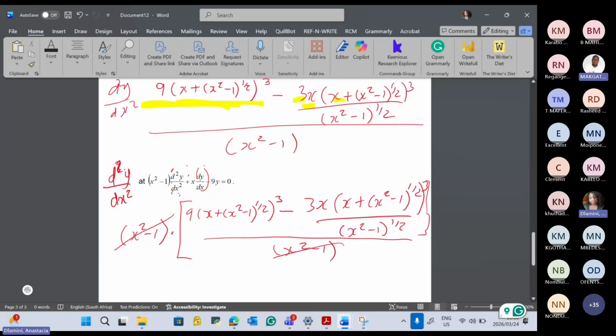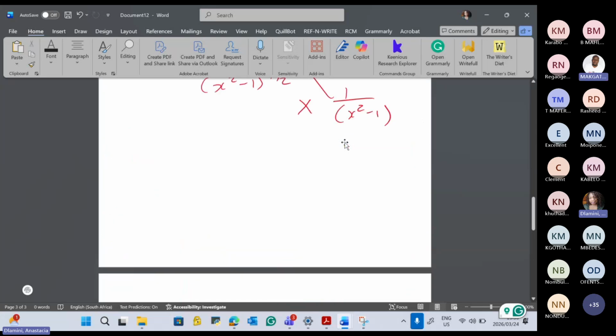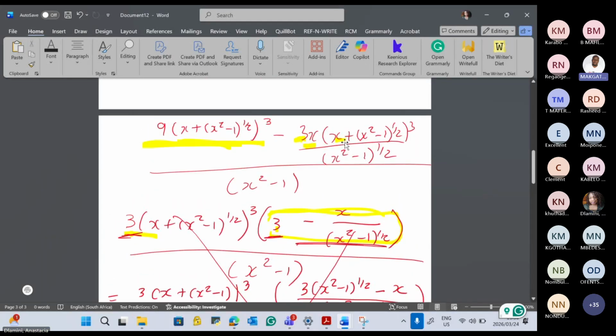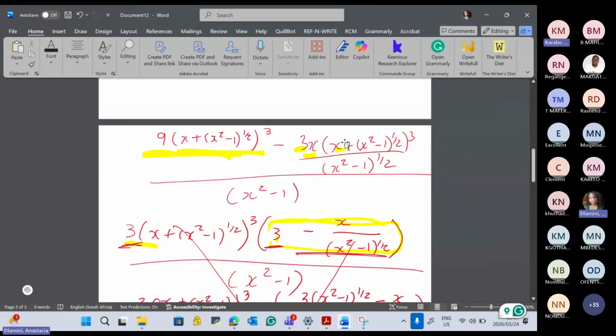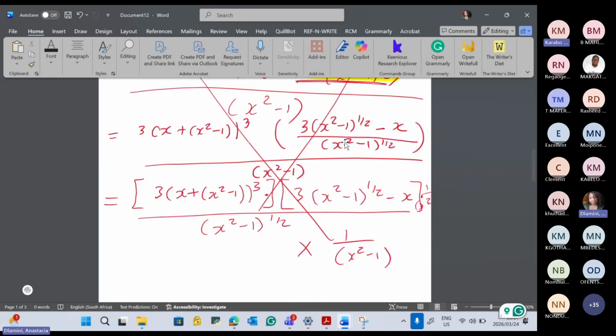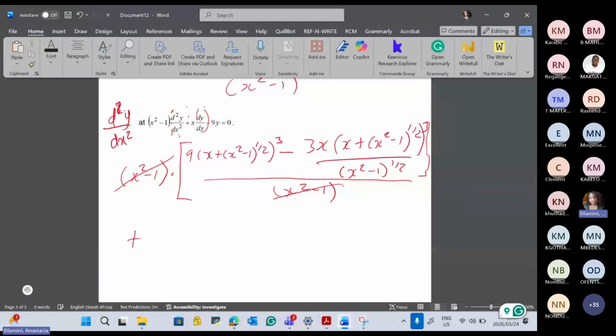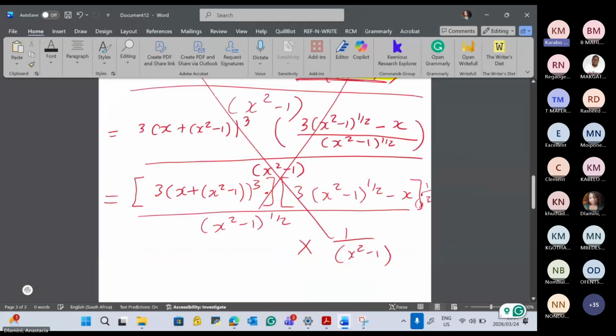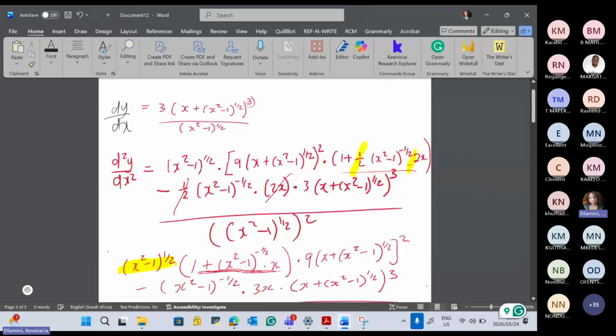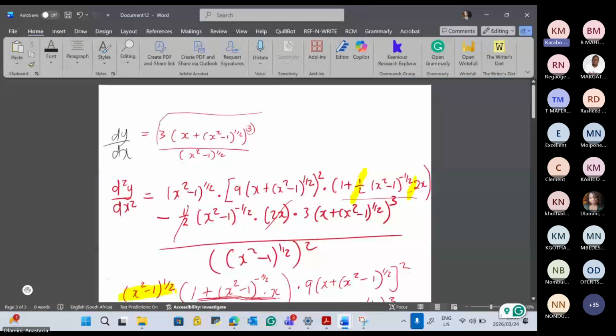Yes, the one in the equation cancels the one in the denominator. That's why I'm saying we're not supposed to simplify these steps here. Does it make sense? Okay. So then, what is our dy over dx, if we remember it properly? It's this one here. Okay.